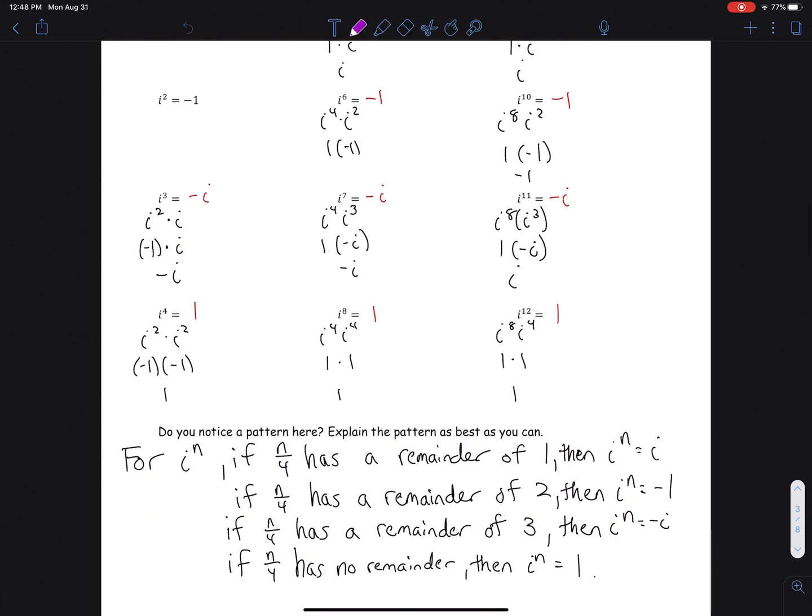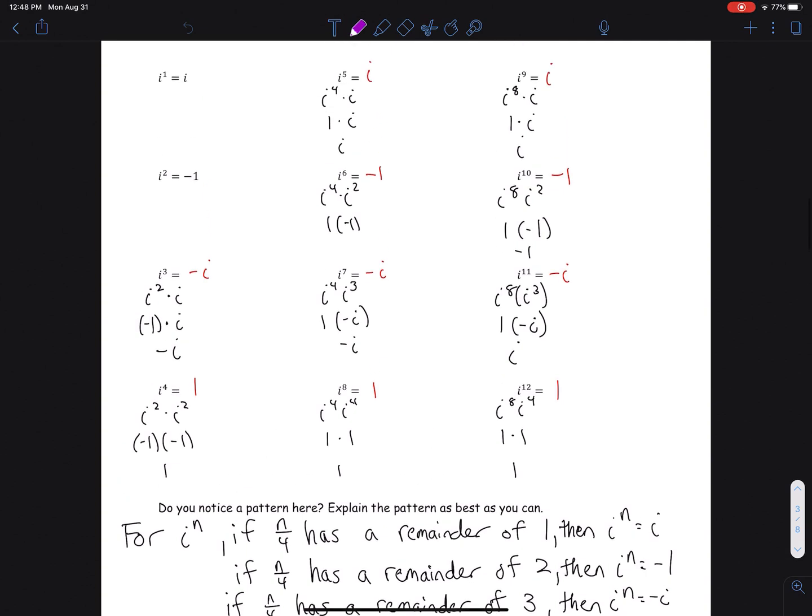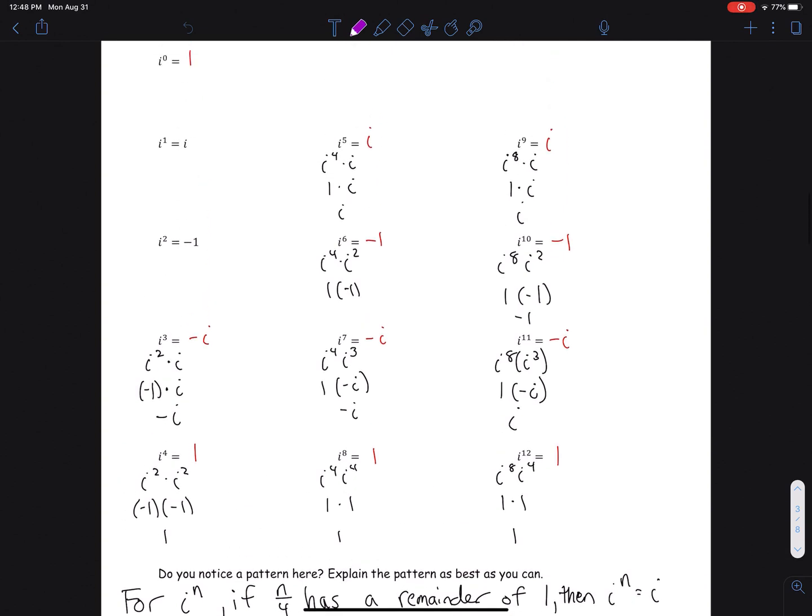Well, I said for any i to the nth power, so we don't know what n is, if n divided by 4 has a remainder of 1, then i to the n is equal to i. That would be i to the first, i to the 5th, i to the 9th.